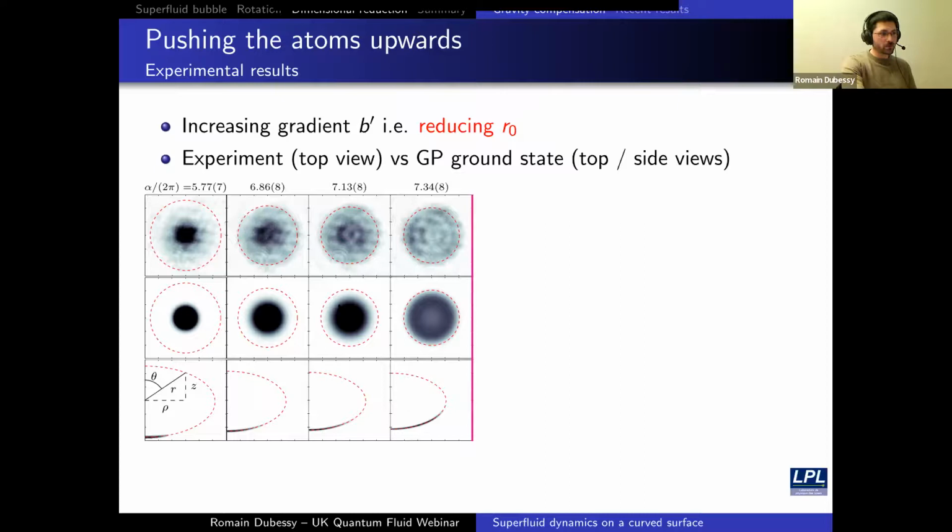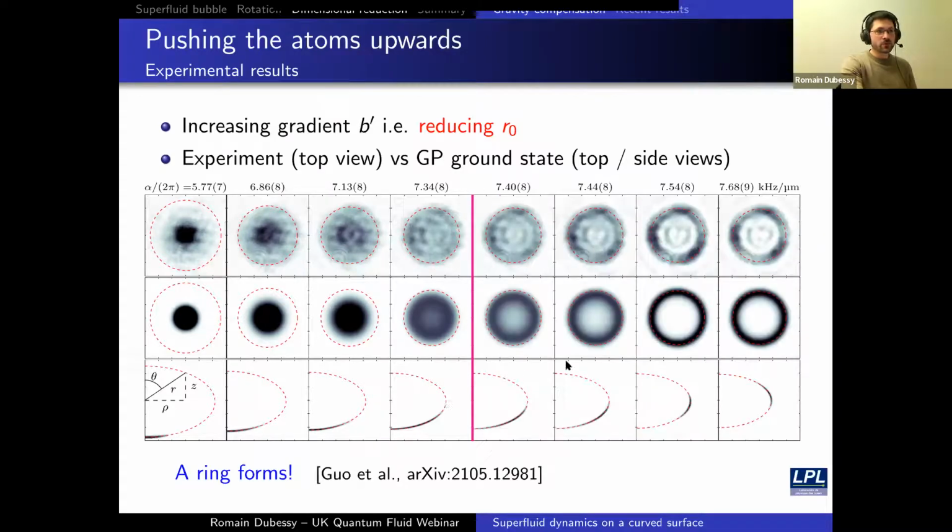And we did some Gross-Pitaevskii simulation just to check that it was really happening as the gradient increases. So you see that we can more or less fill almost half a hemisphere of the bubble.